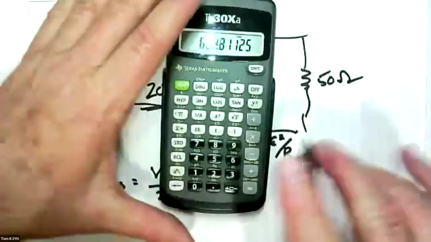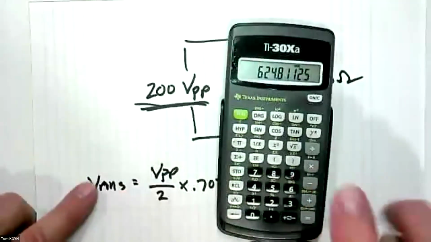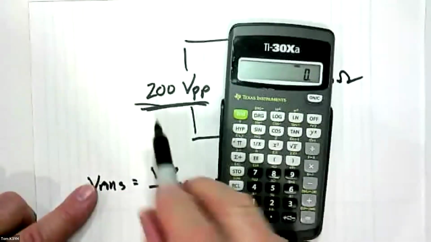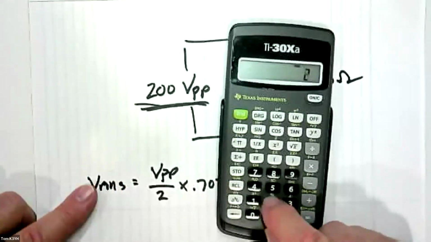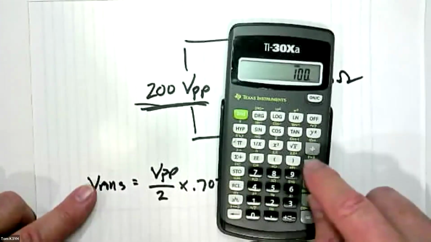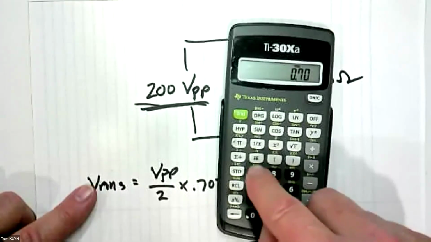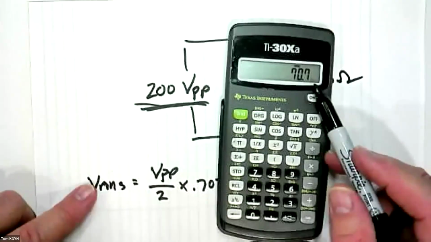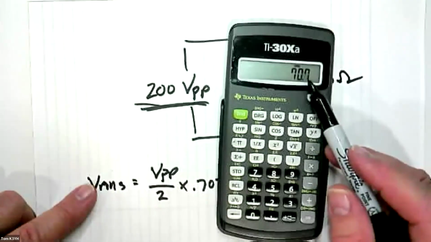I'm going to zip through this one because we just did the other one. The V peak to peak is 200, so I take 200 divided by 2 times 0.707, and that means the RMS voltage is 70.7.